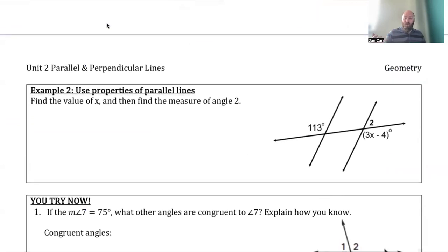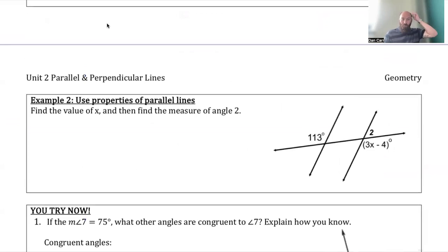We can also use that with a little bit of algebra. So for example, right here, we can find the measure of angle 2. The first thing we have to do is find the value of x. So we look at what relationship is there between these two angles. Here's my transversal line. It doesn't say it, but these are parallel lines like this. So my transversal line is that right there.